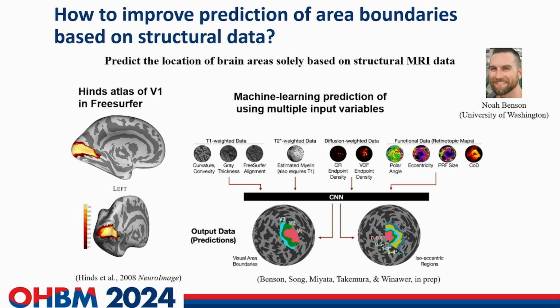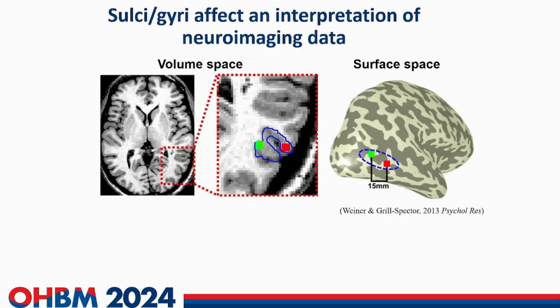What we are doing now is combining multiple inputs of structural and functional data, not just sulcal folding but also tissue contrast. We are using a convolutional neural network to predict the boundaries between V1, V2, and V3. We found that this type of CNN-based multivariate prediction outperforms the existing model based on sulcal folding alone, indicating there may be multiple factors contributing to an area border.